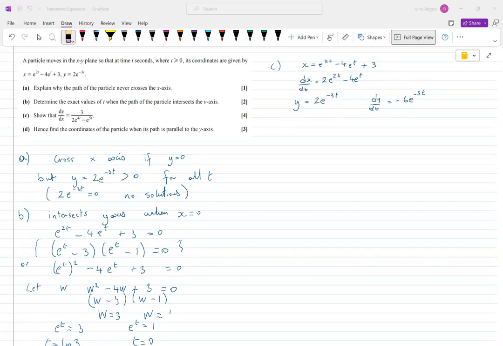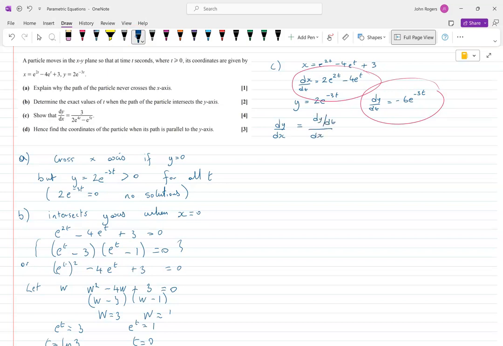So using the chain rule, or just think of it as one divided by the other. Dy by dx is a quotient of these two things, with obviously the y bit on the top. So dy by dx is equal to dy by dt over dx by dt.